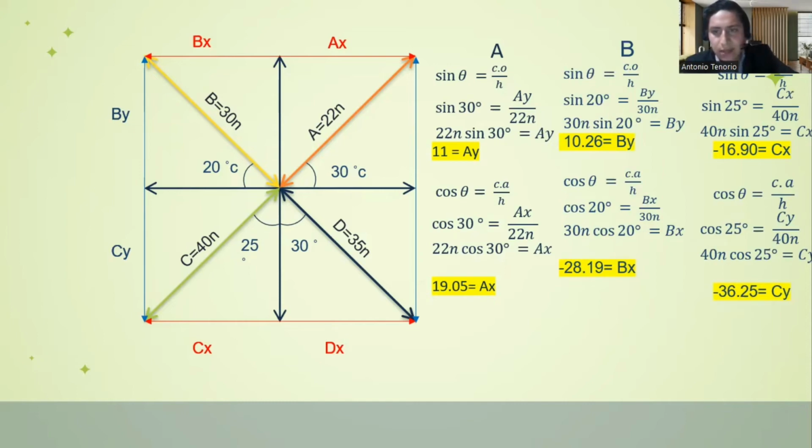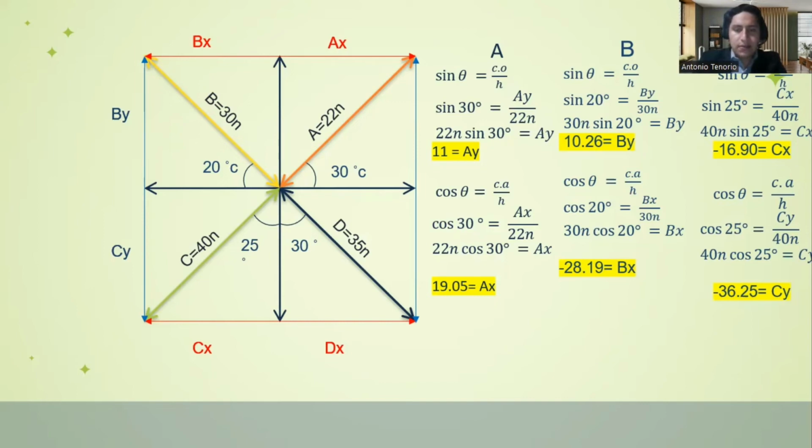And in vector C, 16 times cosine 90 equals CX. It is negative, and the cosine of C is negative because it is on the negative part of the Cartesian plane.